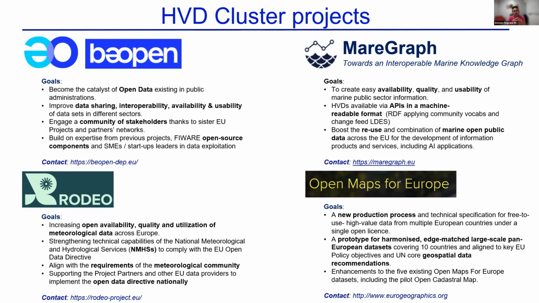Here you can see a very brief description of the four projects. The common aim is to improve the quality of the high-value datasets. For example, Maregraph will focus on marine data, Rodeo mainly on meteorological data, and later we can see BeOpen and Open Maps for Europe too, which will be presented right now.